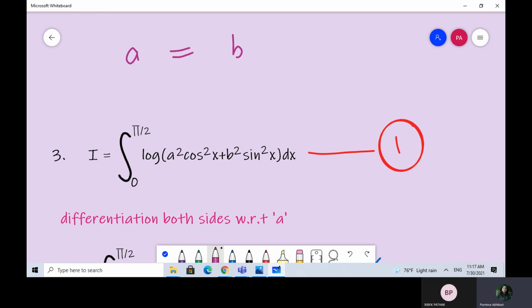Very good. A equals to B assume गरे पनि आउँछ हैन? आउँछ. Equals to 1 गरे पनि अझै छिटो आउँछ. Okay?